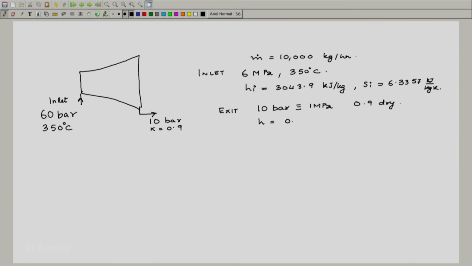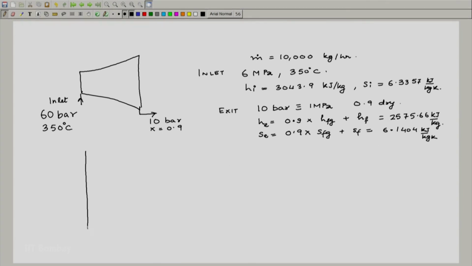This would be 0.9 multiplied by HFG at 1 megapascal plus HF at 1 megapascal, and we would get this as 2575.66 kilojoule per kg. So, this is HE. We would go ahead and do a similar exercise, 0.9 multiplied by SFG plus SF, and we realize that we get this as 6.1404 kilojoule per kg Kelvin.